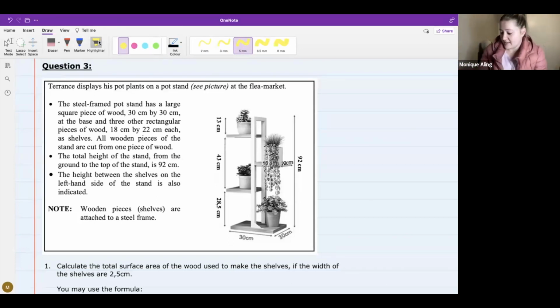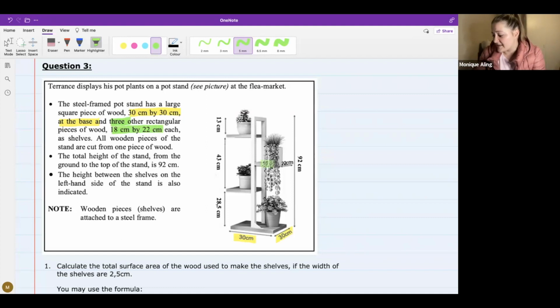So let's just highlight that. 30 centimeters by 30 centimeters at the base. So the base is the bottom. We've also got the measurements on the picture. And there are 3 other rectangular pieces of wood. That is also important information. 3 other pieces of wood, and they are 18 centimeters by 22 centimeters.